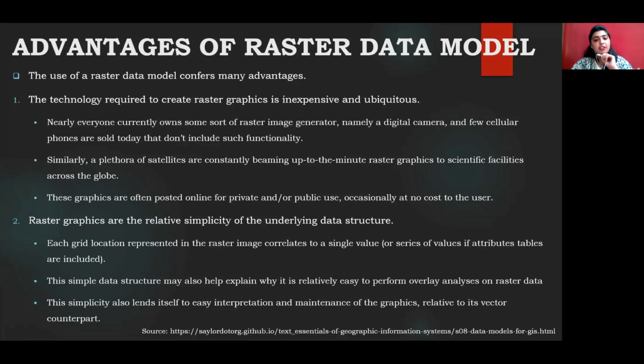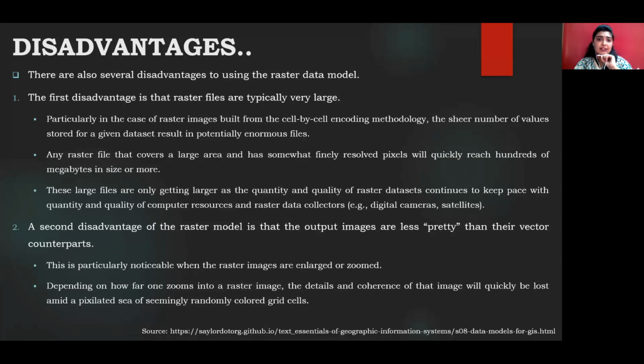This simple data structure may also help to explain why it is relatively easy to perform overlay analysis on raster data. The simplicity, which is nothing but each pixel having its own value, also makes it easy to interpret and maintain the graphics, which, when you compare it to vector data, is not that easy.